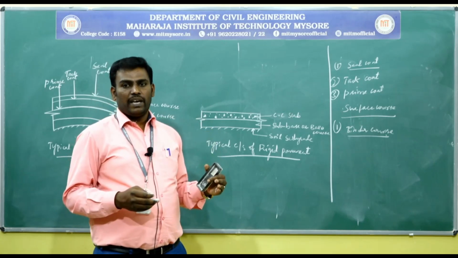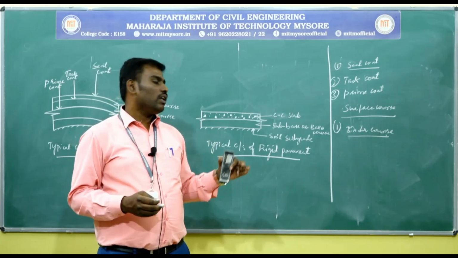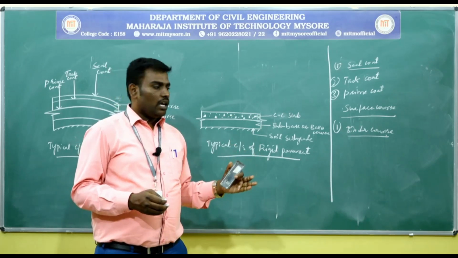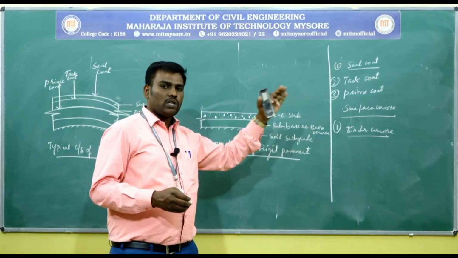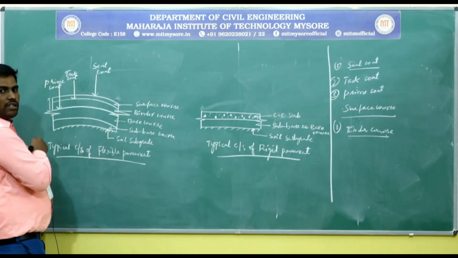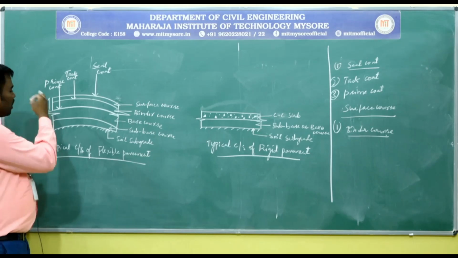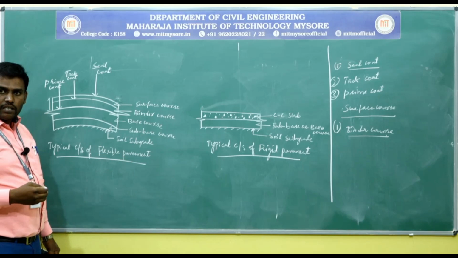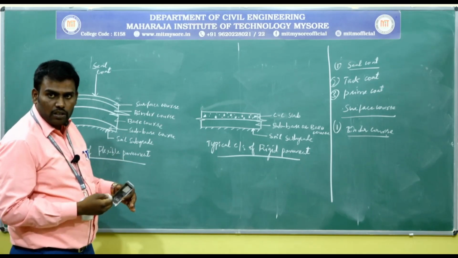It also minimizes the cost of construction, because we know that if the binder course is absent, then you need to provide this much thickness of surface course itself, that is superior quality materials and high bituminous content. Then the cost of construction will be more, no?